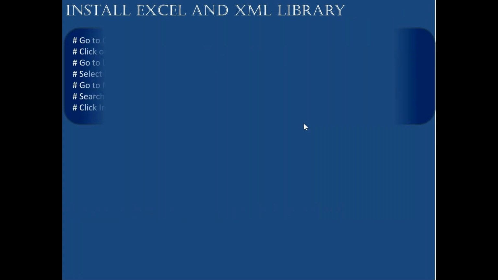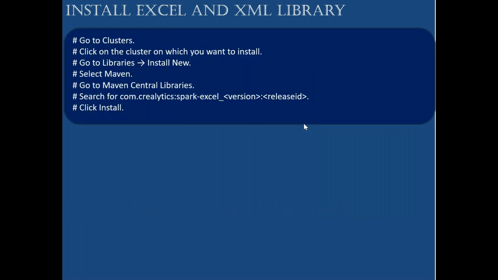Install Excel and XML library. These are the steps, team. We need to go to clusters. We need to click on the cluster on which you want to install the library. Once you click on that cluster, it will show the cluster configurations. It will show Spark UI. It will show event logs. It will show libraries. Maybe you have not seen, but we will see.